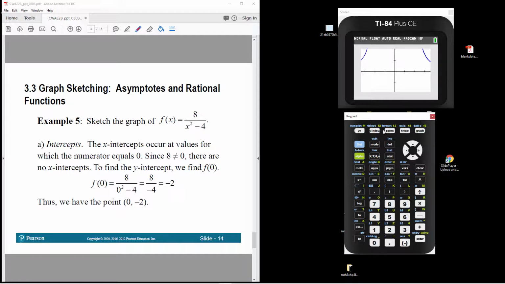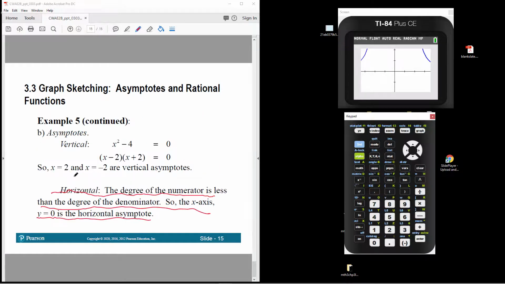So it looks like we have asymptotes at x equal to 2 and negative 2. When x is 2 or negative 2, there's an asymptote. So let's zoom out and see what it looks like.